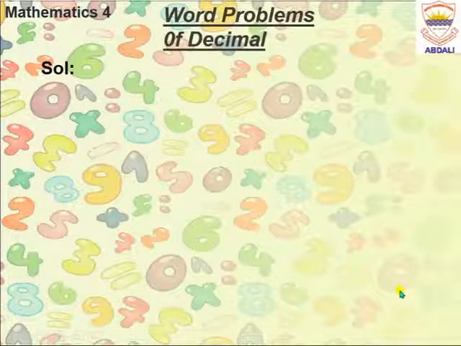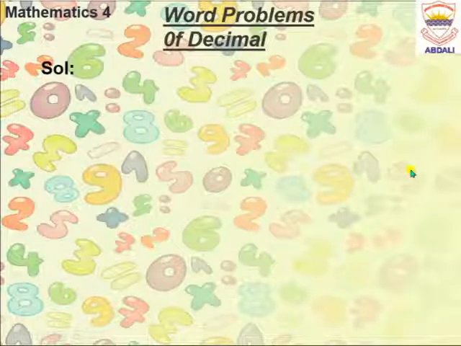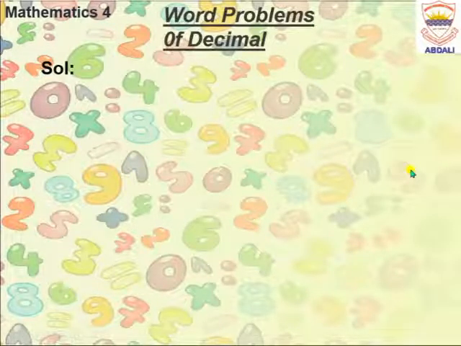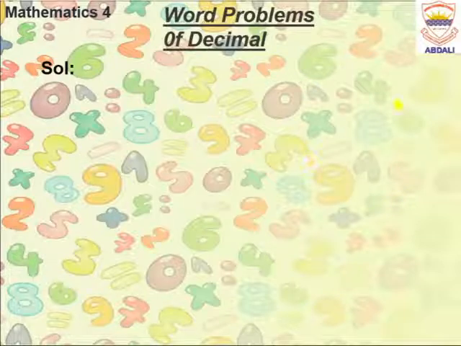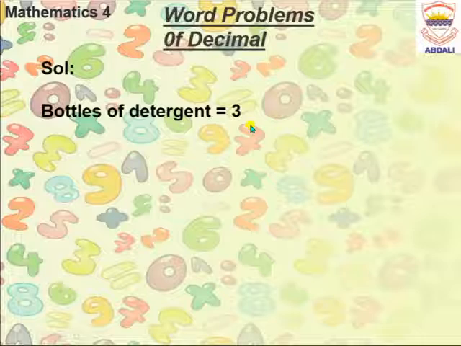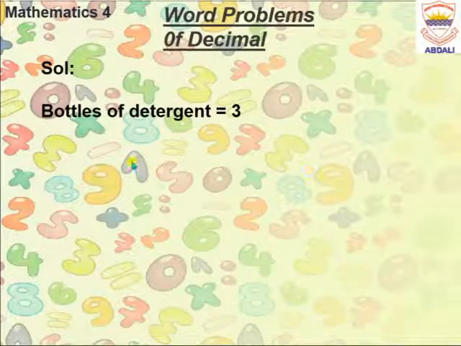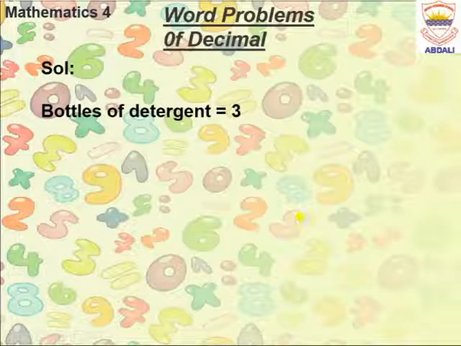Firstly, we will write down the statements. So our first statement will be: bottles of detergent is equal to 3. Secondly, look at your word problem and tell me what will be the second statement. Very good.